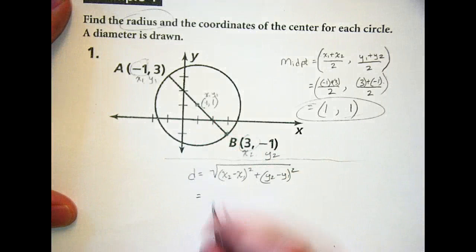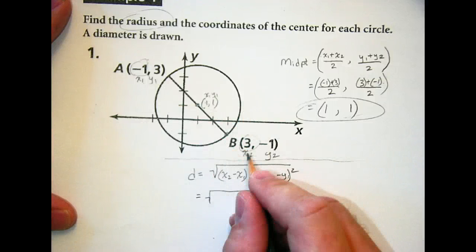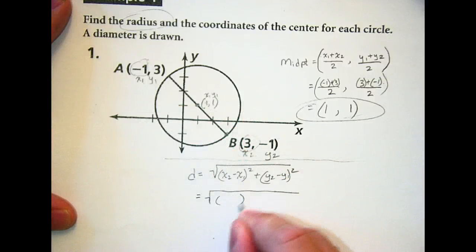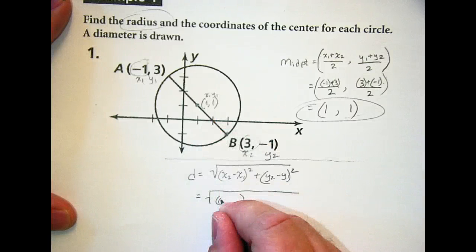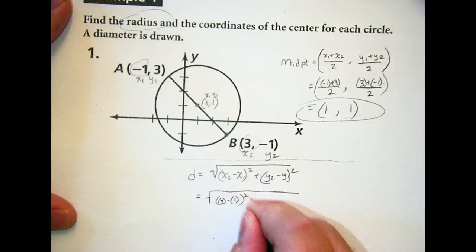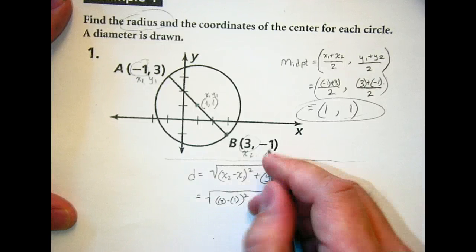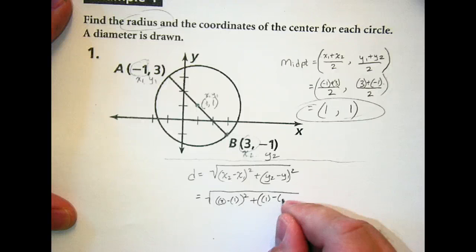Rather than using this coordinate, since I just want the length of the radius, in this case, I subtract the x2, so 3 minus 1, minus x1, squared, and y2, negative 1, minus y1, which is 1. Oops, forgot the negative.